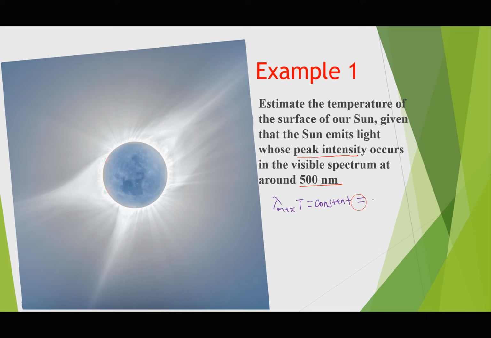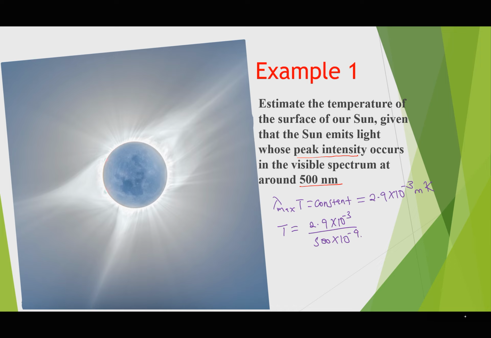But for this particular question, the constant is 2.9 times 10 to the power of minus 3 meter Kelvin. Making the temperature the subject, the temperature is equal to the constant, 2.9 times 10 to the power of minus 3, divided by the wavelength, which is 500 times 10 to the power of minus 9.